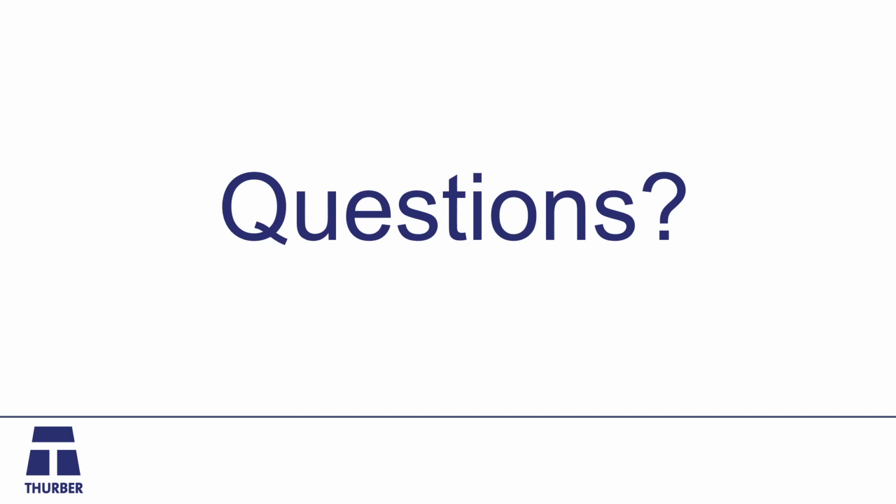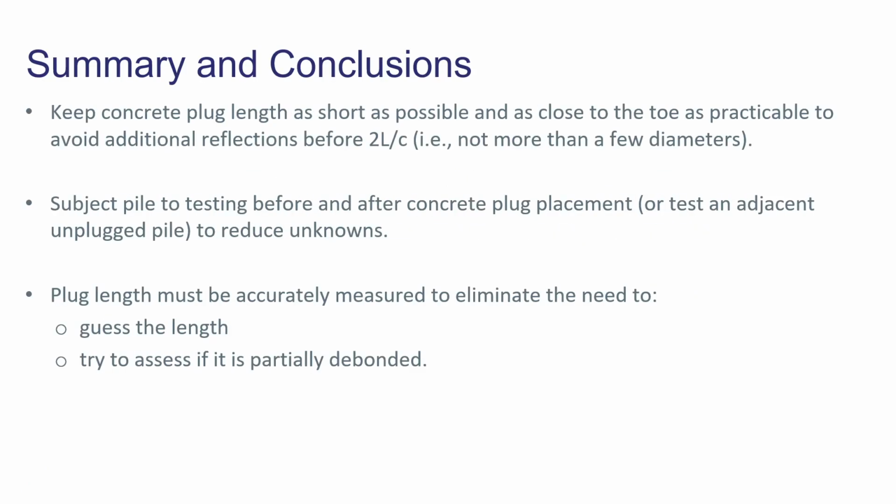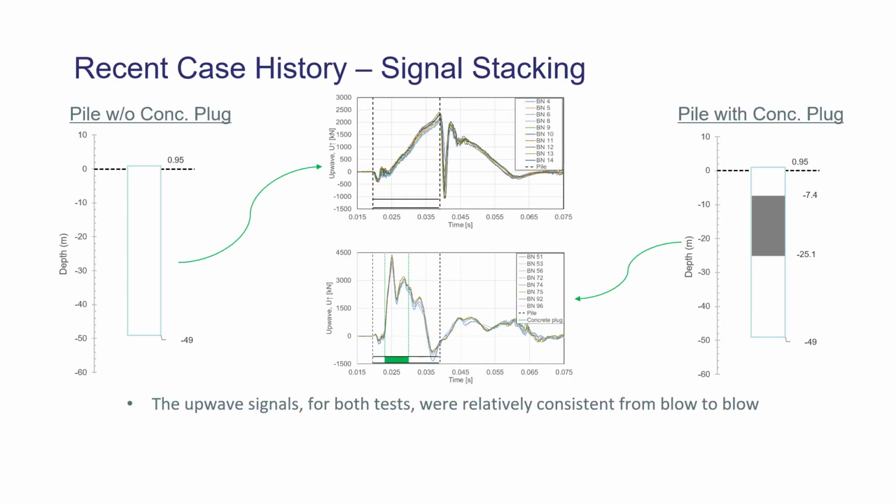One of the things we're seeing with the signal stacking, on the one at the bottom, we're looking at signals 51 to 96, but at that first peak the blows were relatively consistent from one to the other.